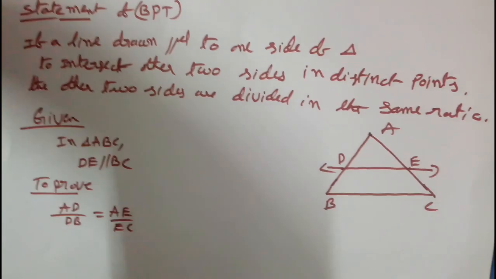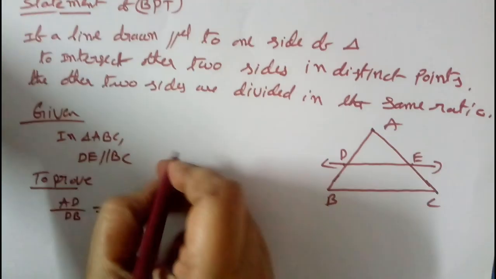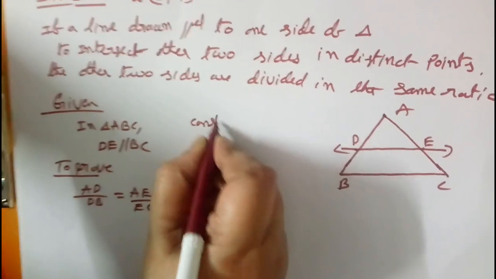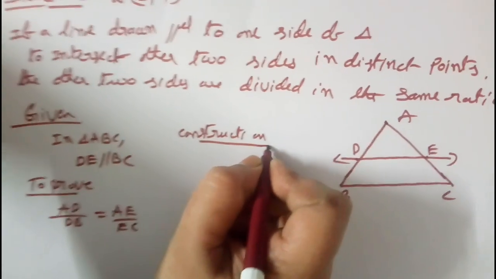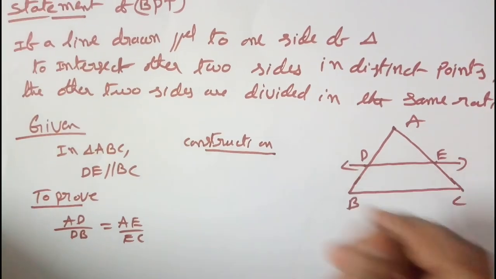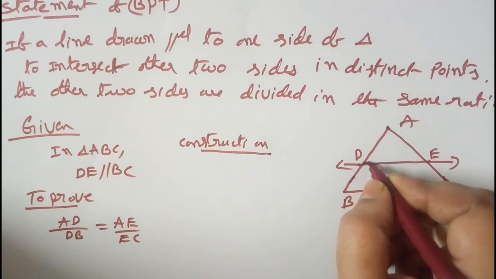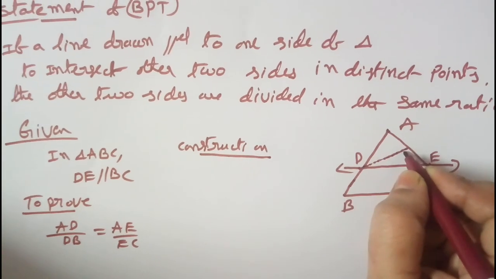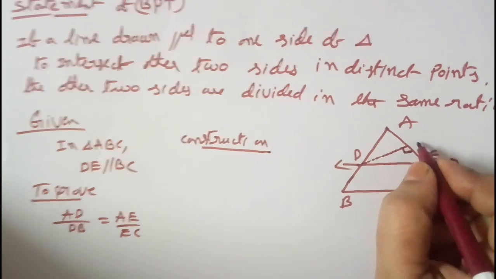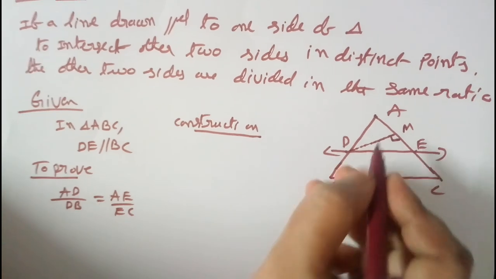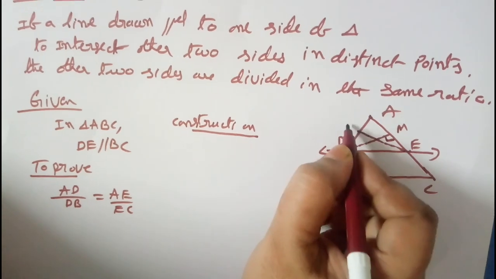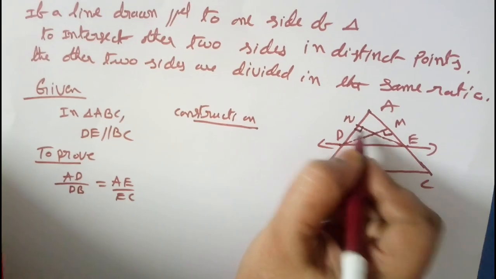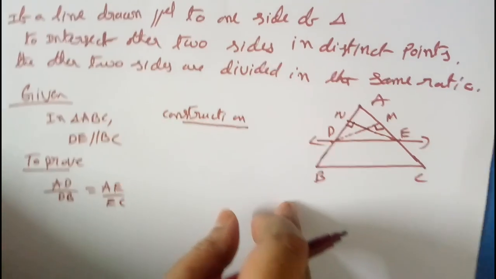Now draw the construction. DM perpendicular to AC, EN perpendicular to AB.